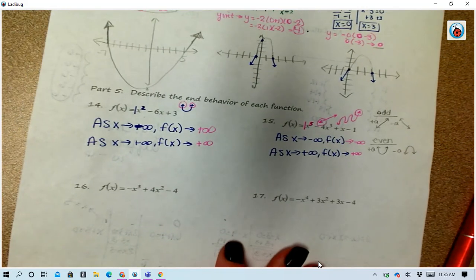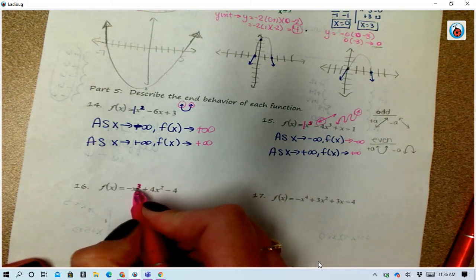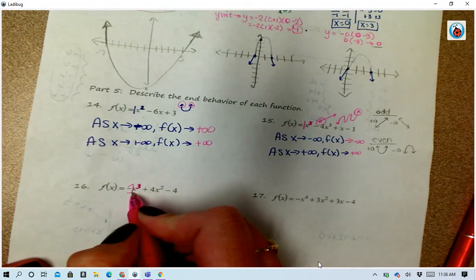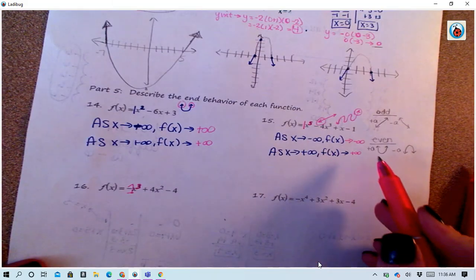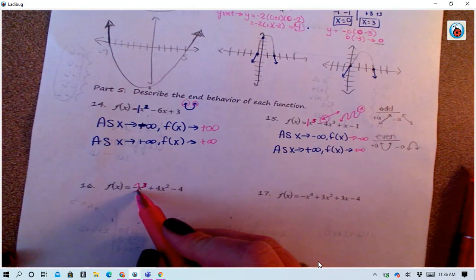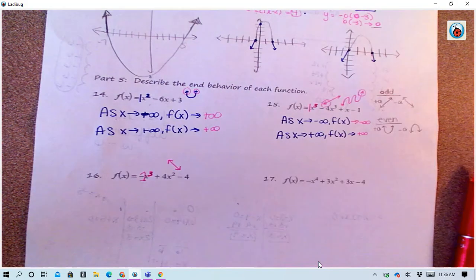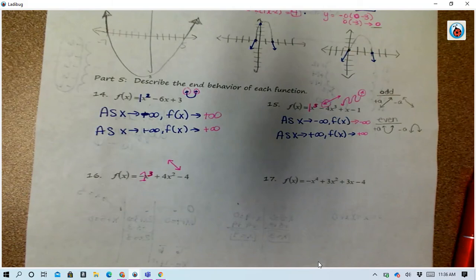Number 16. It's an odd power, so it's going to look like a line. If the first number is positive, it would have a positive slope line. If that first number is negative, it would be a negatively sloped line. So this is a -1, which means your tails would match a line with a negative slope.